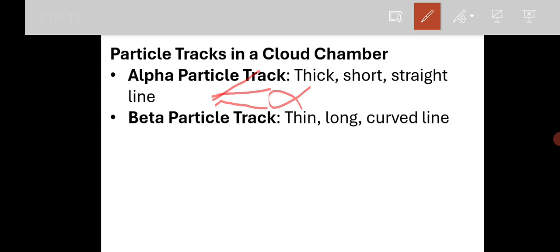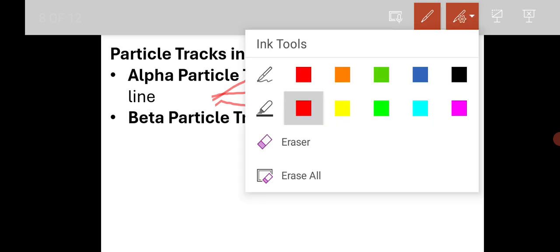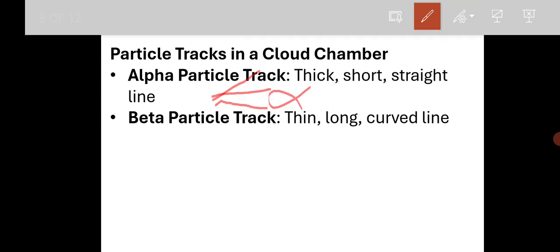But for beta radiation, we shall have thin and long curved lines, something like this. Alright, so this is an indication that the radiation is beta radiation.